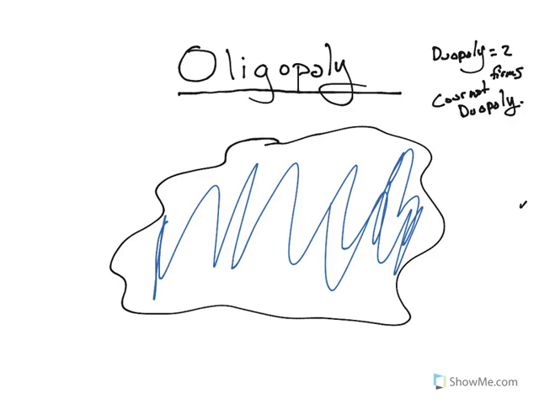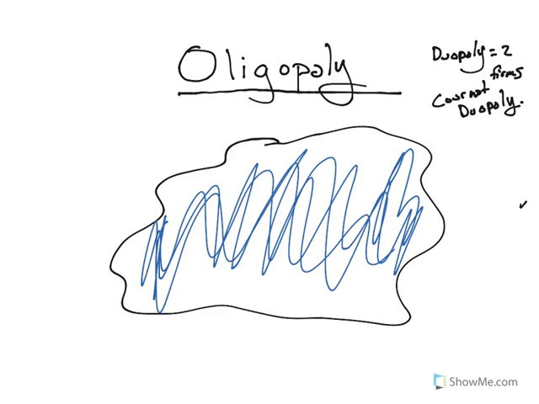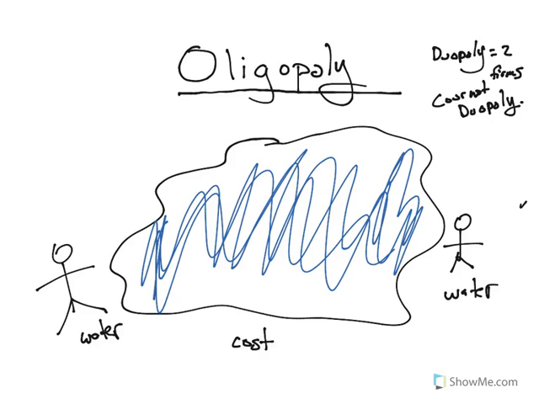In this classic example, you've got this lake, and two people on either side of the lake, each selling water, little bottles of water. And they're at the side of a lake to motivate the idea that this good is costless to produce.